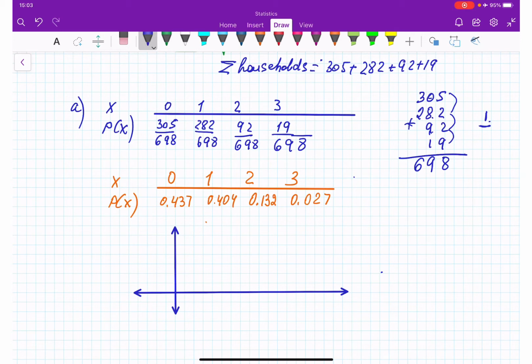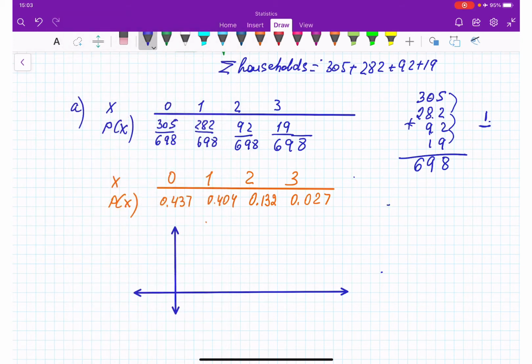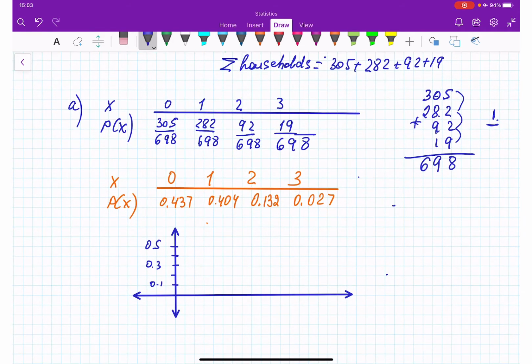So we are going to build, so we have 0.437, 0.404, 0.132, 0.027. Okay, approximately I'm going to build like that. This is 0.1, 0.2, 0.3, 0.4, 0.5. Okay, now this is going to be 1, this is going to be 2, 3.